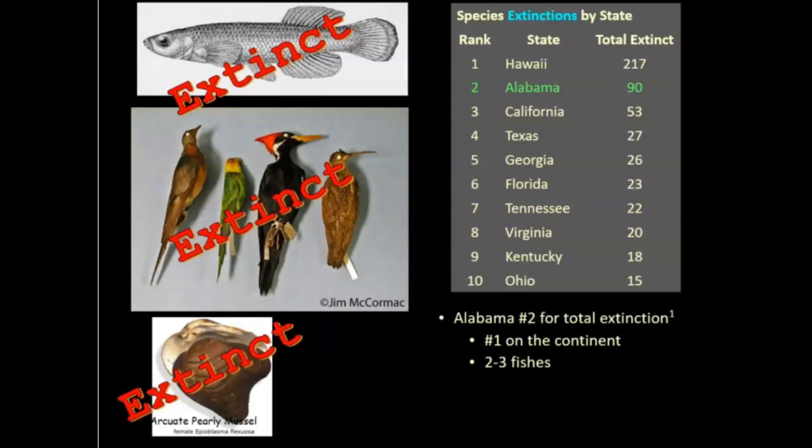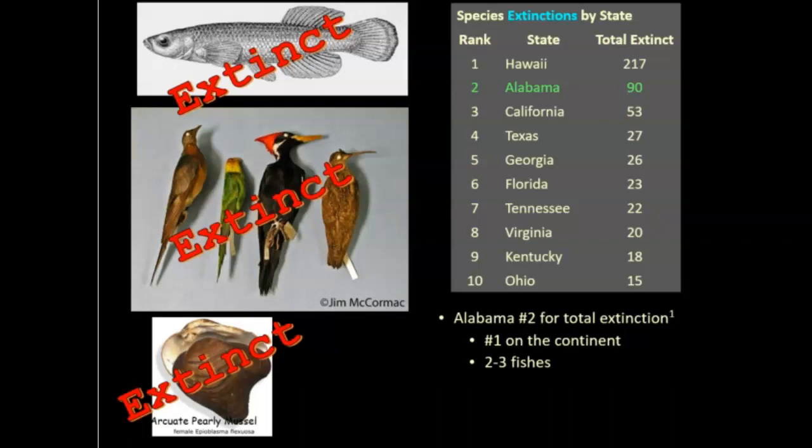As we have talked about before in a previous video lecture, we have a tremendous amount of aquatic biodiversity in the state of Alabama. And because we have been really hard on our river biodiversity over the past century, we've lost a lot of species, principally because of damming our rivers.